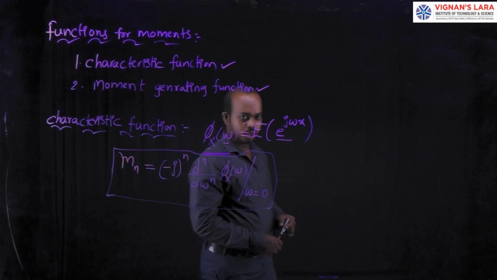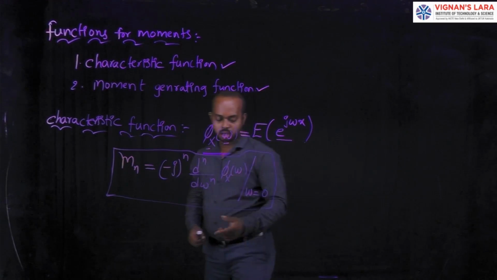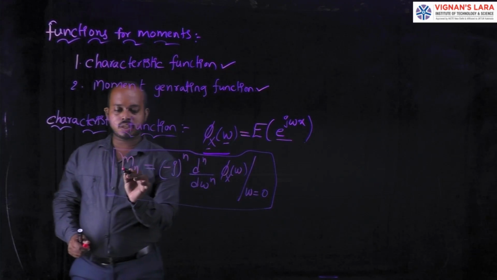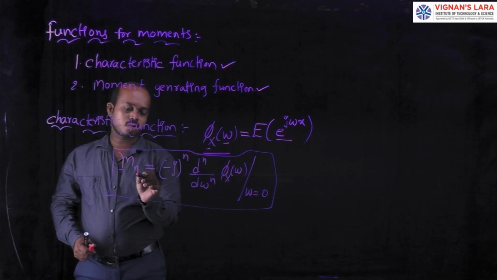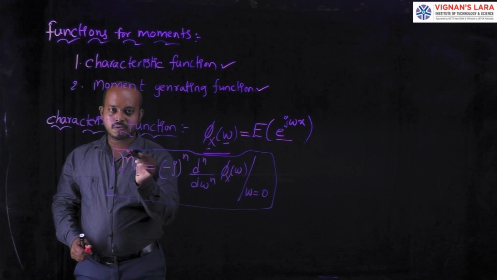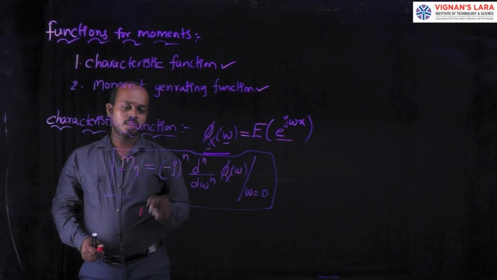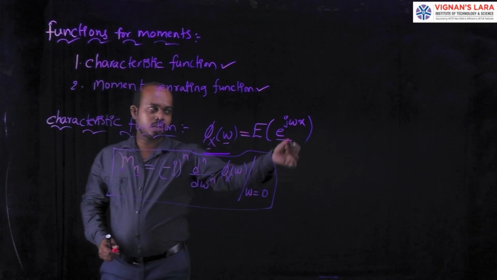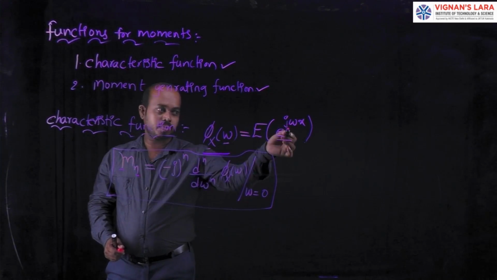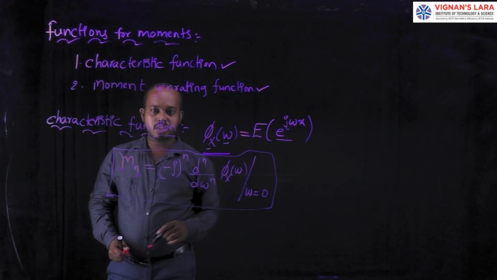In this formula, we already know that the representation of moments uses m. Here I am asking for the nth moment, that's why I am using the small n as the suffix of m. It has an imaginary value j, which represents an imaginary quantity.